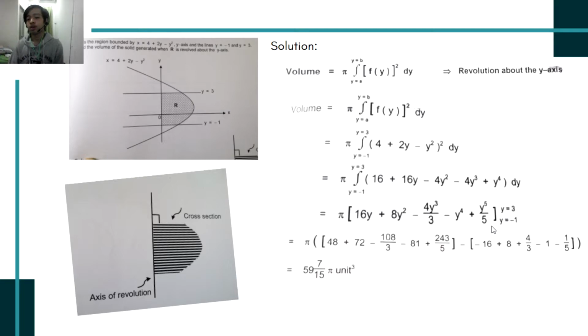So once we have done this step, we can now substitute our upper limit and lower limit into the terms of y. First, we must not forget our pi outside of the bracket.